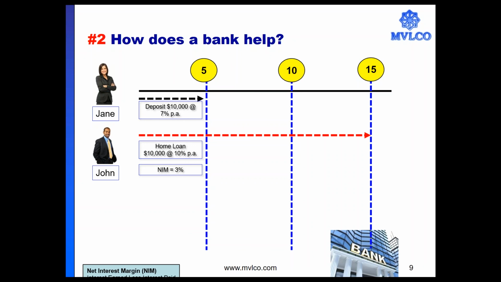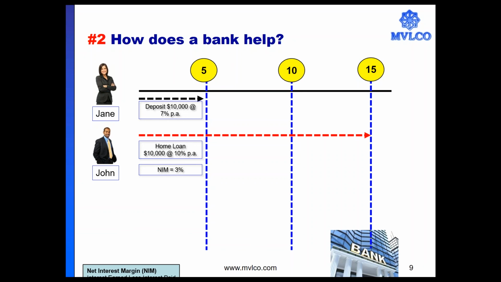Now we need to understand one thing: in this transaction there is no amount or value mismatch. Both of them have a transaction of $10,000, but in reality it is possible that the deposit is of a different value and the loan is of a different value. If the deposit is more than the loan, we may put this surplus in the money market.